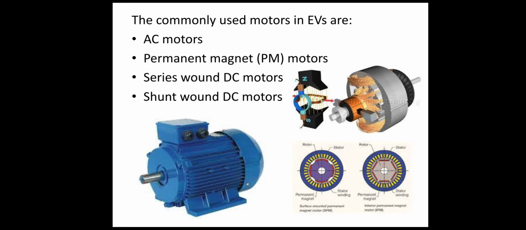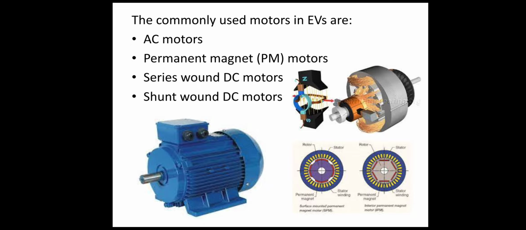We cannot use DC motors much because of the maintenance required in large motors, because of the brushes and the commutator. Also, we have to use starters and convert AC to DC, so DC motors are obsolete.